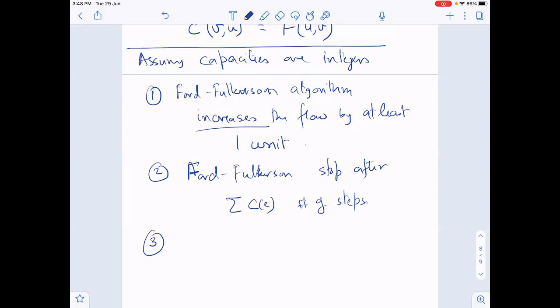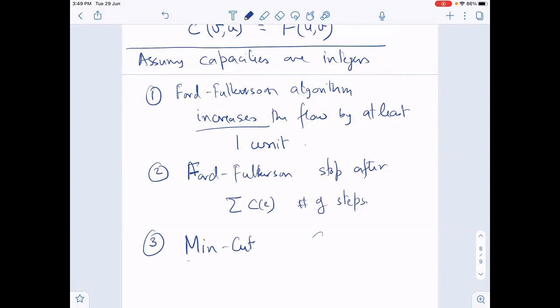So there is a concept of min cut. A cut is a set of edges, a kind of set of capacity.